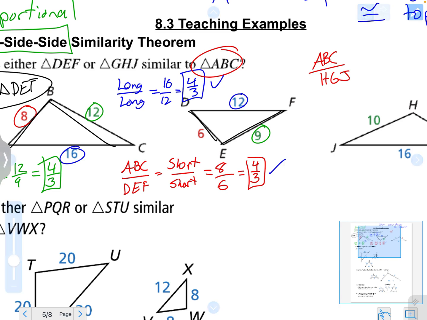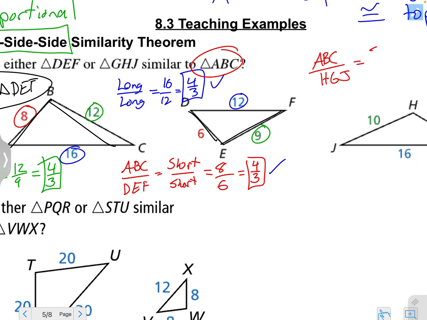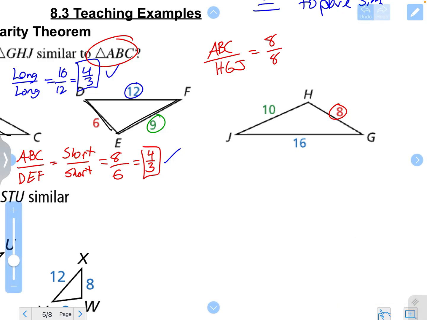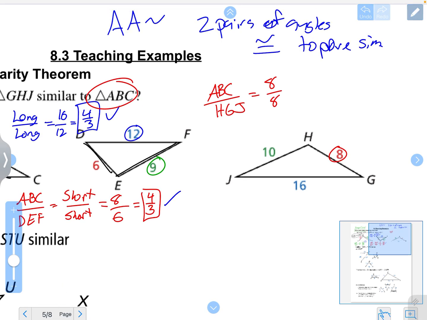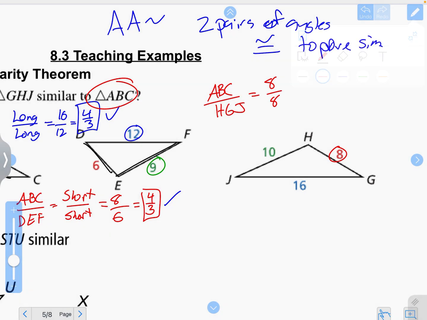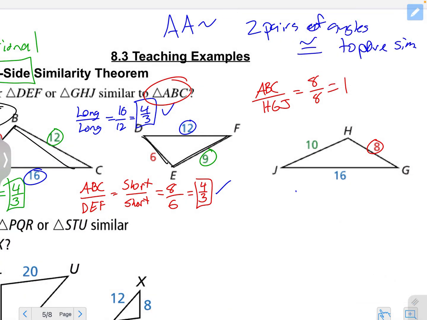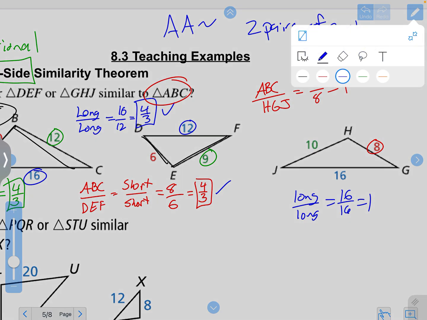Again, I'm going to go short over short. My short side of ABC is 8, my short side of HG is 8, so that's 1. Then we go long over long, which is 16 over 16, which is in fact 1.